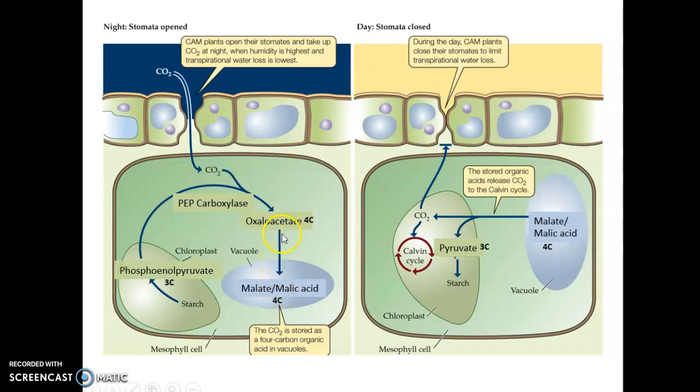Oxaloacetate receives electrons from NADPH, and NADPH is oxidized to NADP+. So oxaloacetate is converted to malate, a molecule which has 4 carbon.